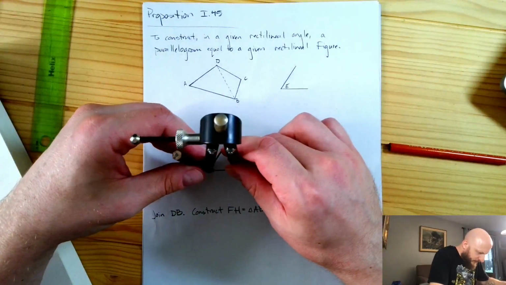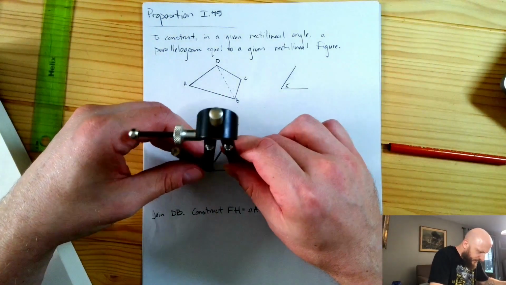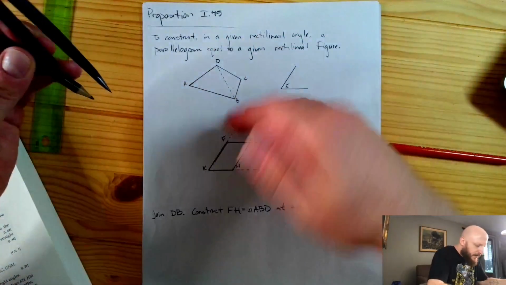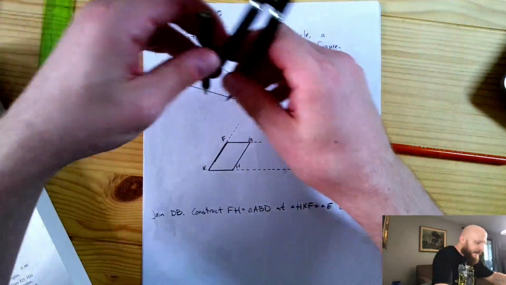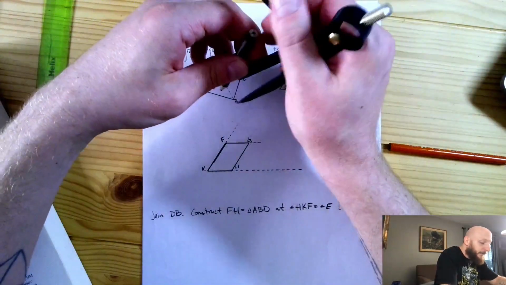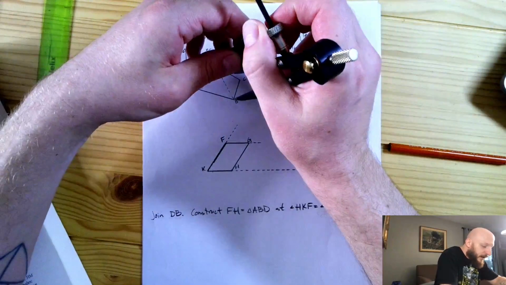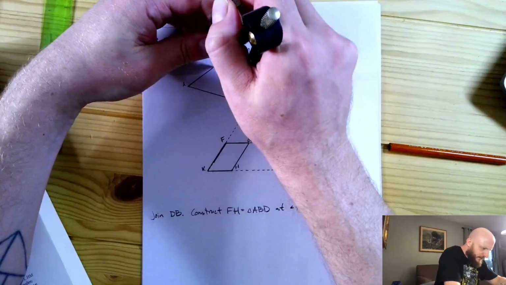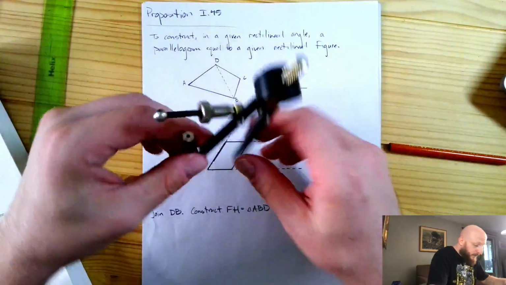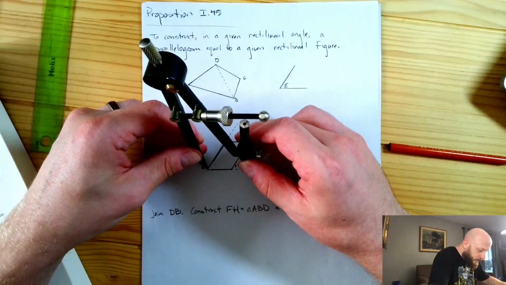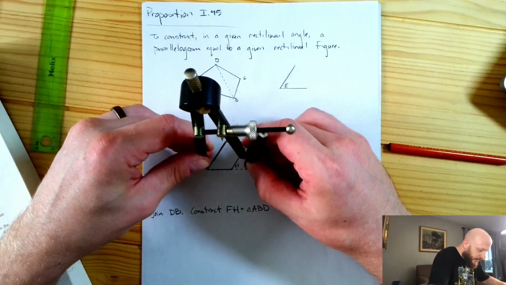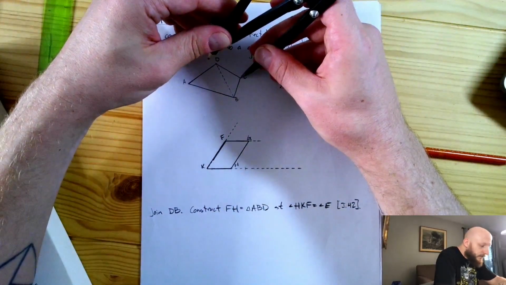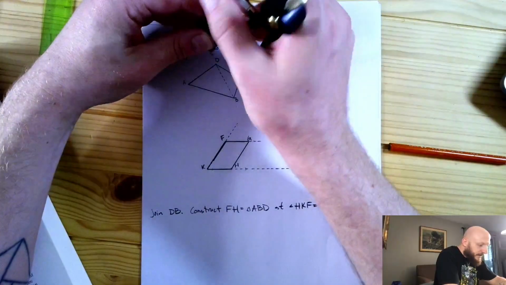So what I'll do is, here is half of DB, where this time DB is going to be the base of BCD. And then moving down, I want to create the height of BCD. Okay, so I'm going to recreate this triangle again down here. I just need to make the height. Okay, so there's one side. Here comes the second side.